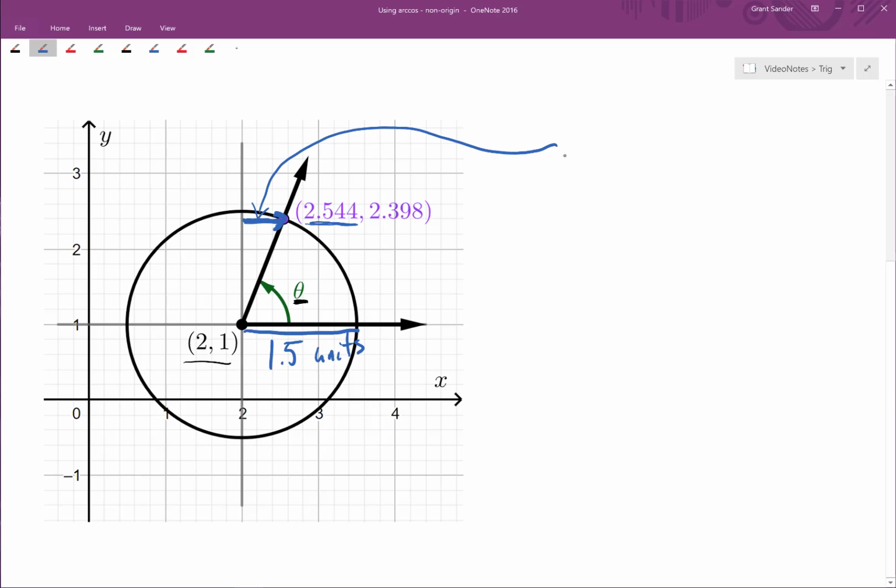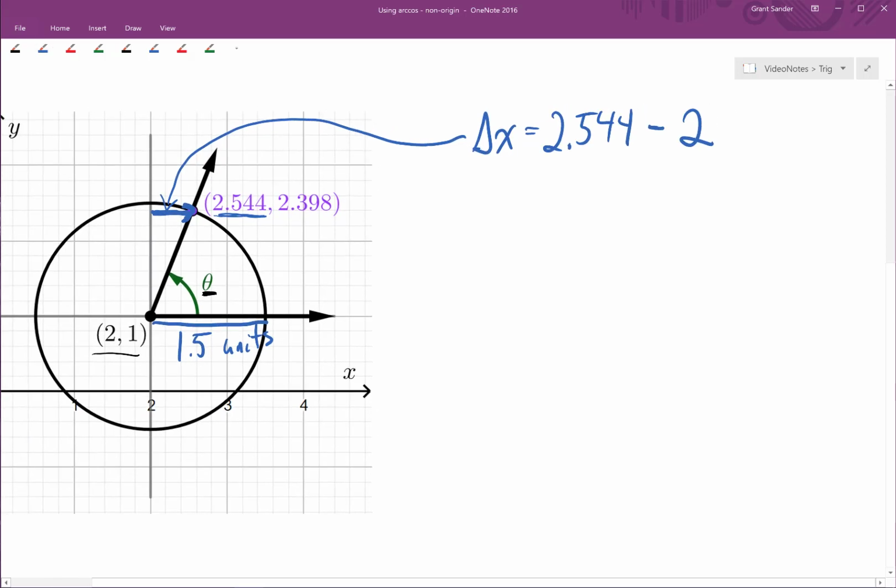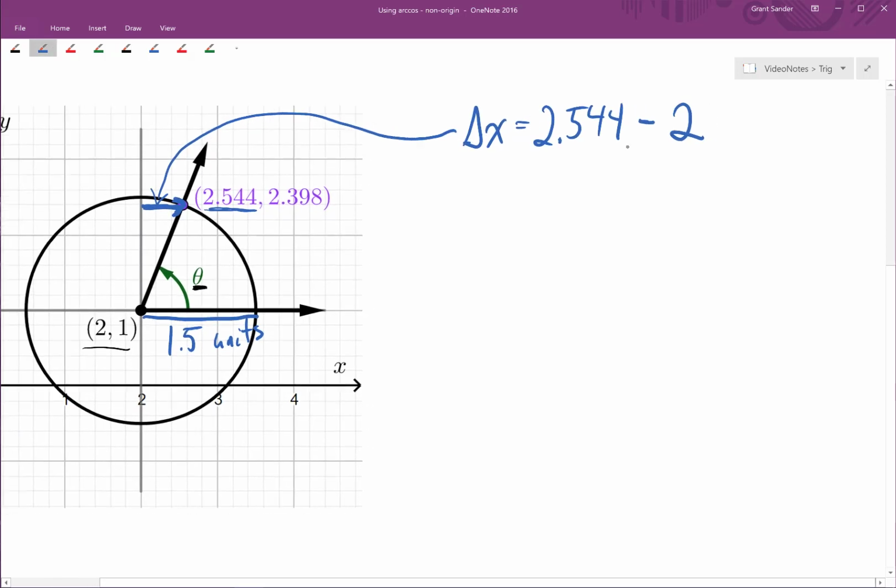If we call that delta x, then that's the final x value, 2.544, minus the initial x value, which is the x value of the center, 2. Therefore, the terminal point is 2.544 minus 2 units to the right of the center of the circle.